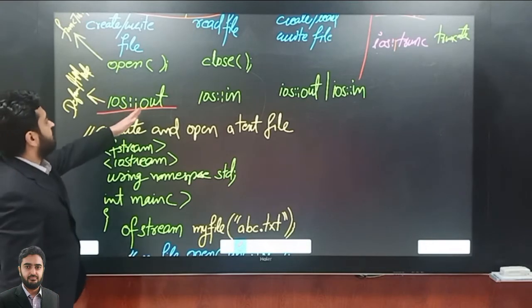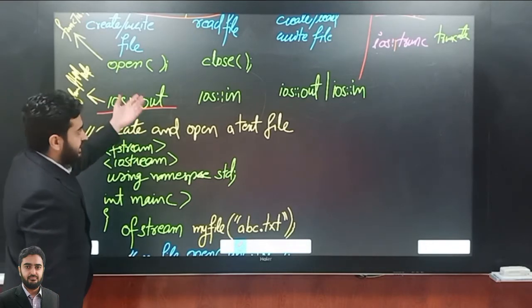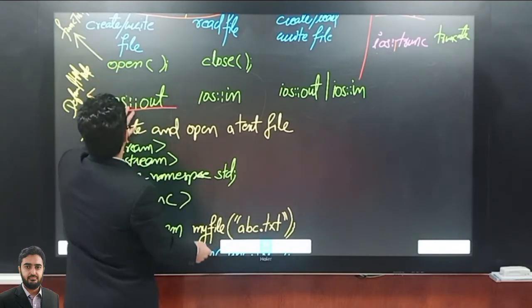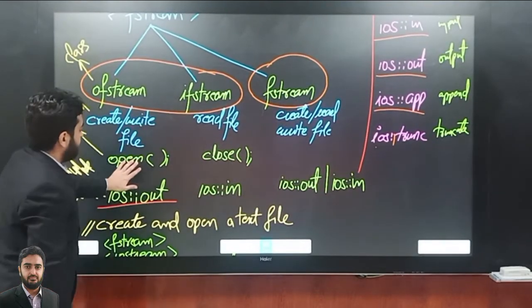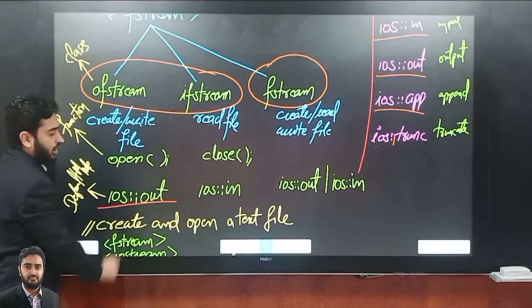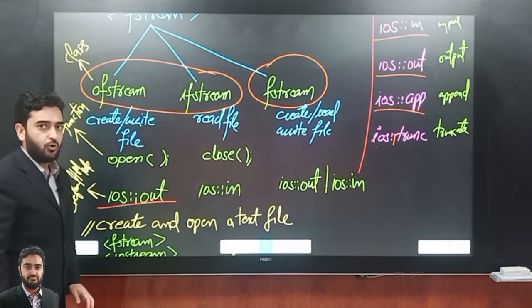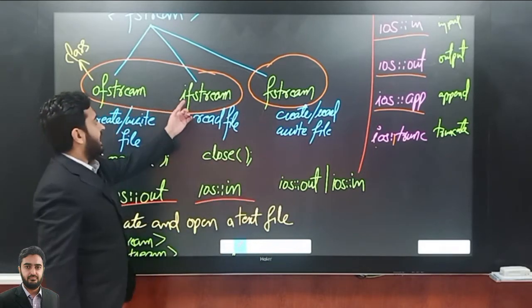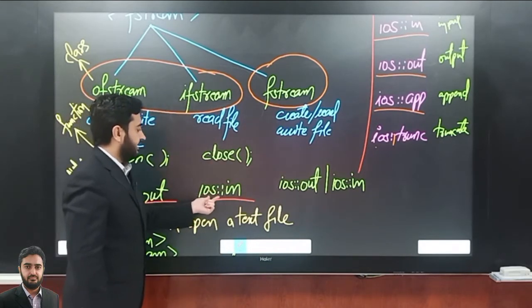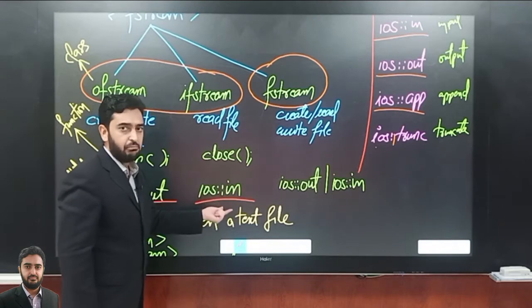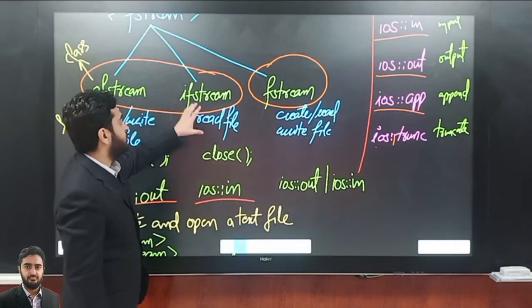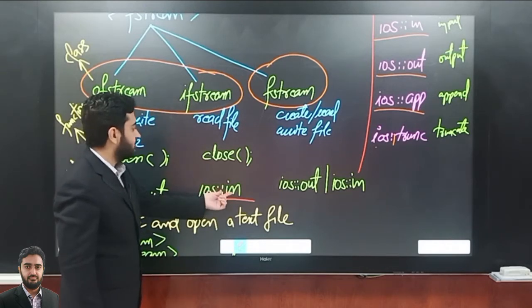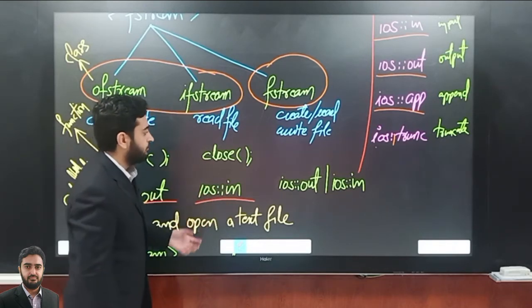Out means that we want to write something in the file. So ofstream by default uses the ios out mode while opening a file. And ifstream uses the ios double colon in mode by default when you open a file using ifstream. So it means that we want to read from the file.